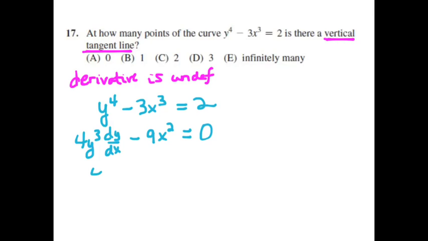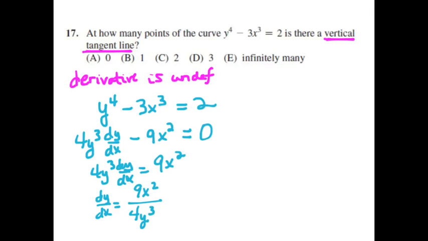And so we're going to solve for dy/dx. So 4y cubed dy/dx equals 9x squared, and dy/dx is equal to 9x squared over 4y cubed.